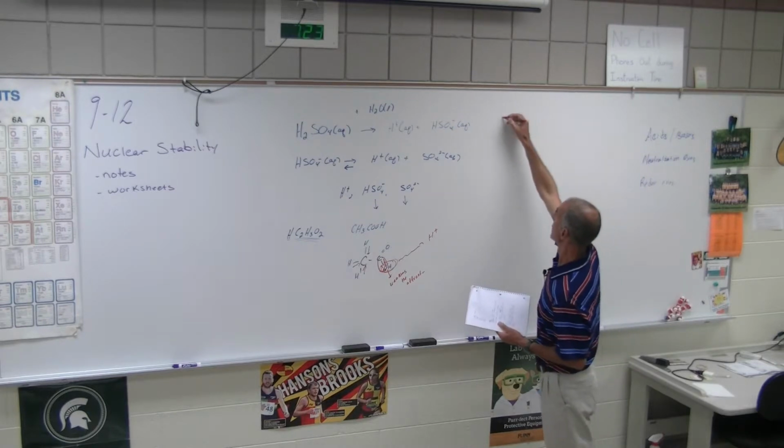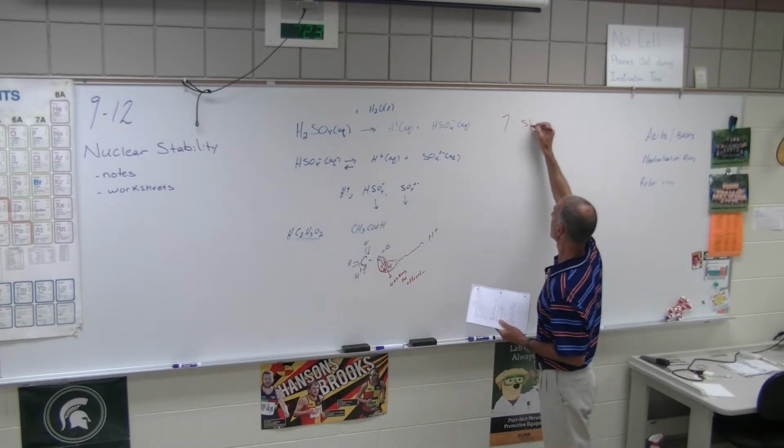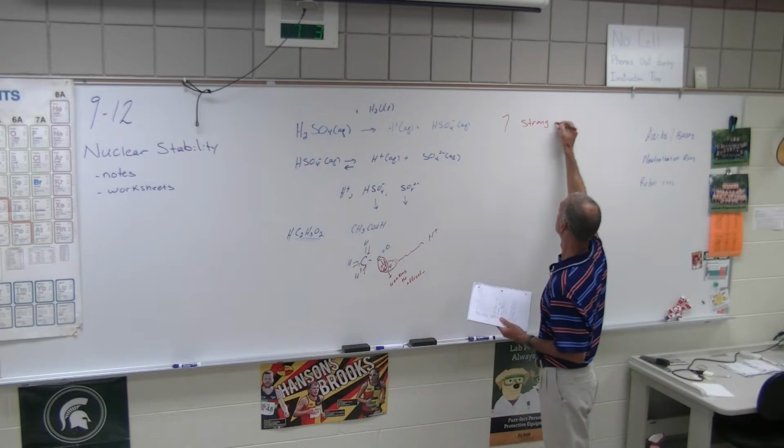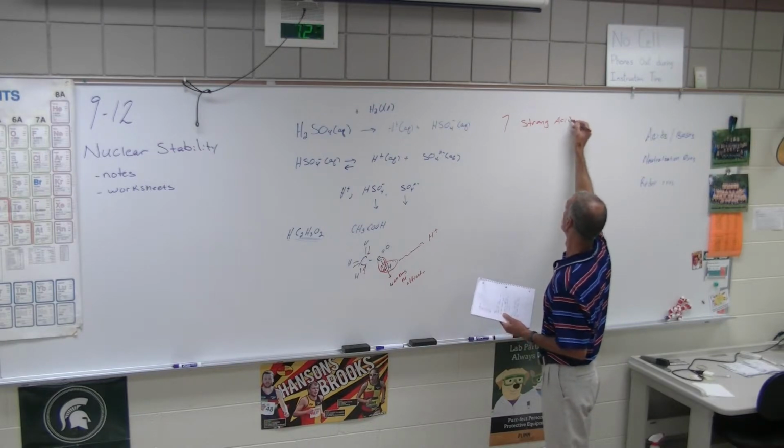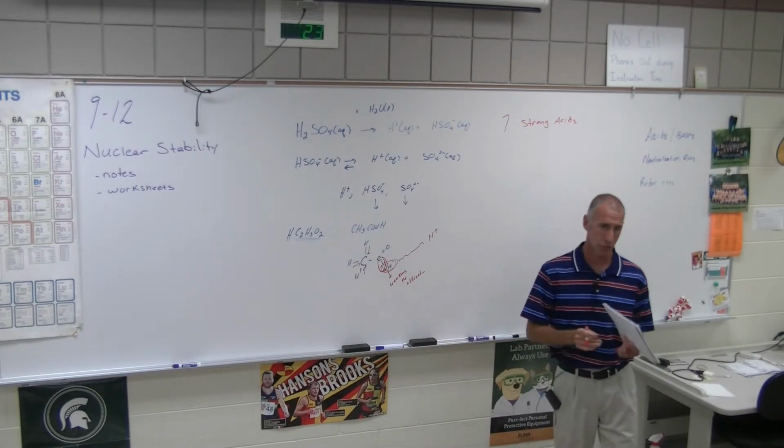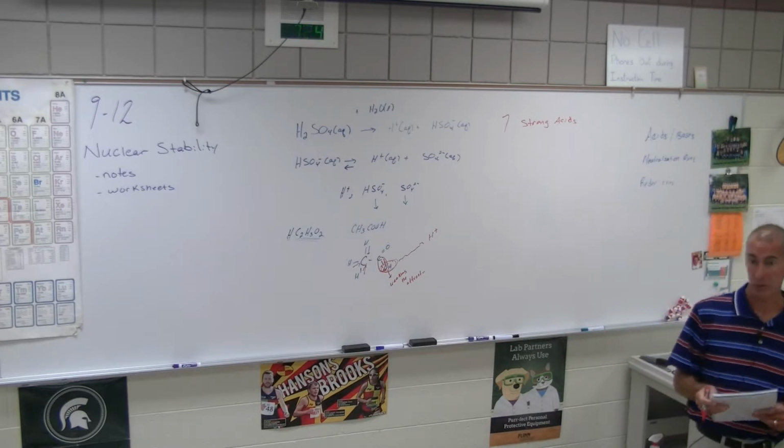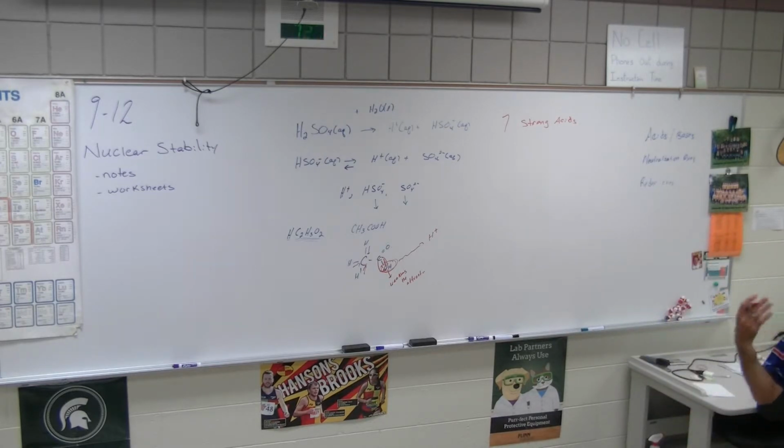Okay, there are 7 strong acids. What do I mean by strong acid? Same thing as a strong electrolyte. If you have a strong electrolyte, what does that mean? Completely dissolves. If you have a strong acid, what does that mean?